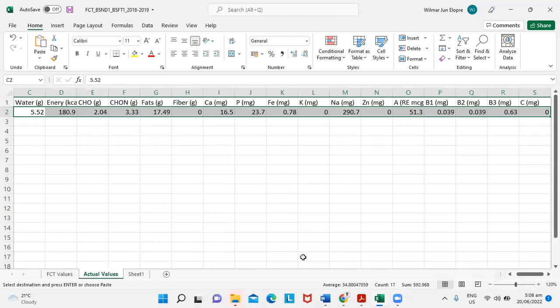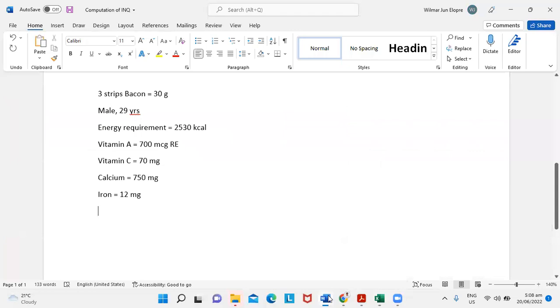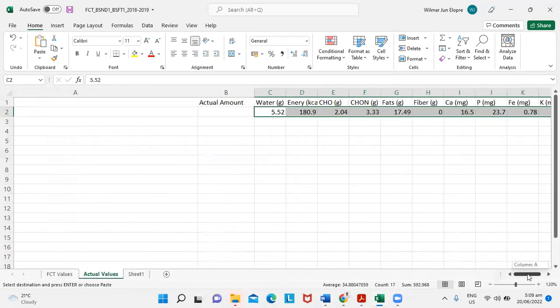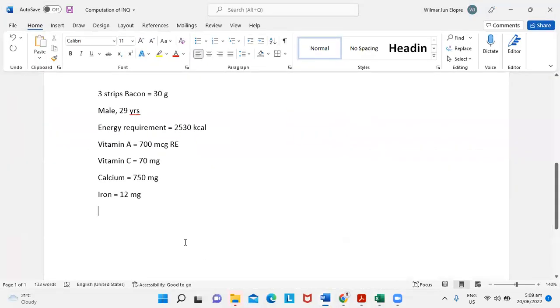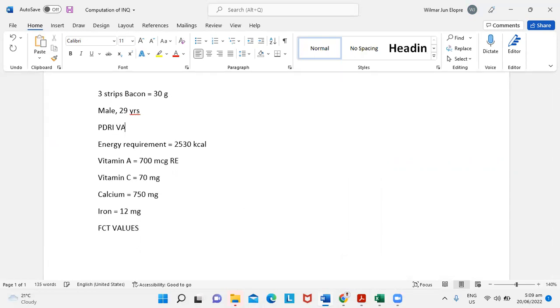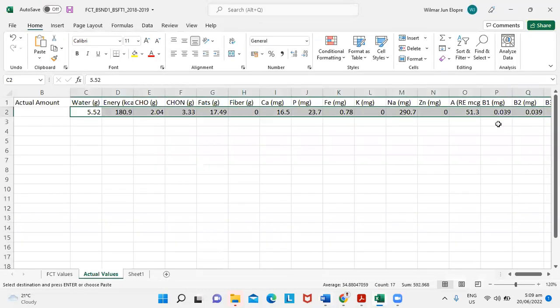Sige. So, naa na tay content no sa 30 grams of bacon. So, atong i-write dito, vitamin A, FCT values. Ito na lang para mas klaro, no? FCT values, PDRI values. Okay. So, ang vitamin A is, ito na i-copy dito guys.